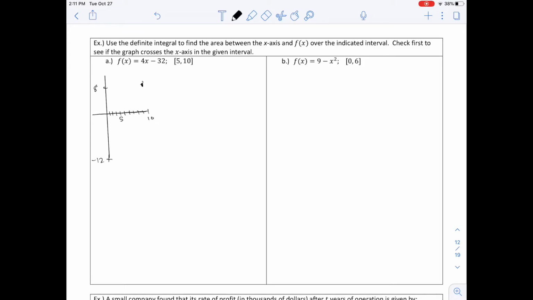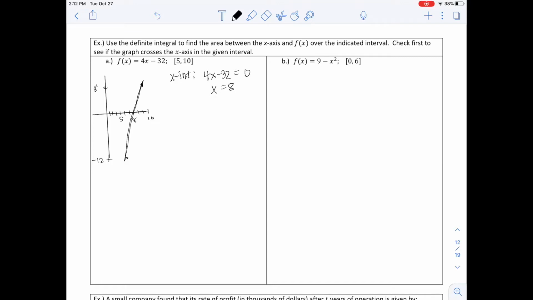Again, you can draw this to scale a little bit better, but if you notice, it does cross the x-axis somewhere in here. So I'm able to find my x-intercept by taking my function, which is 4x minus 32, and that is equal to y, and setting it equal to 0. When I solve this, I'm going to arrive at x is equal to 8. And so this crosses at 8.